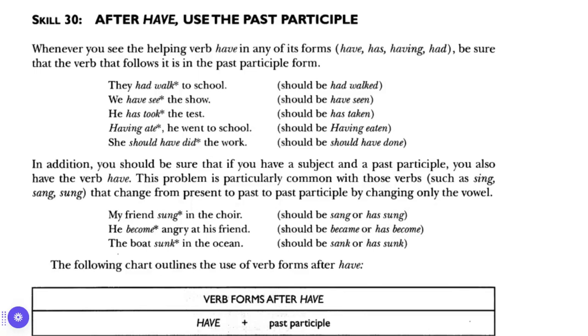He became angry. It should be he became or has become. The boat sunk in the ocean should be sank or has sunk. So pretty much focus on the verb have when used as an auxiliary and make sure that a past participle comes after.